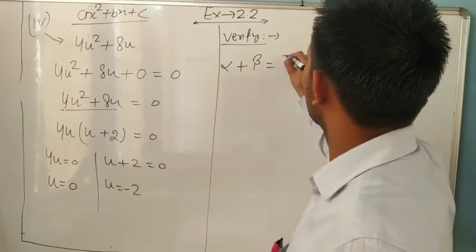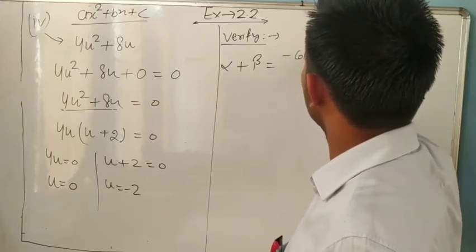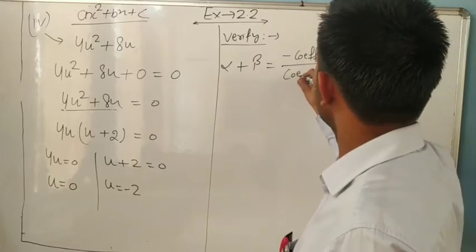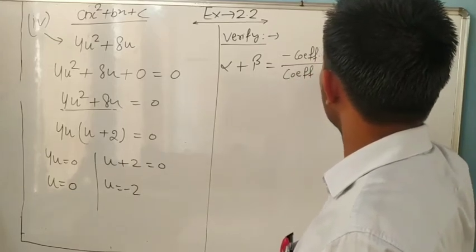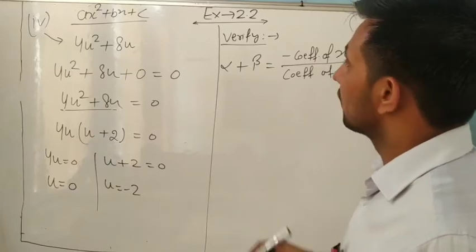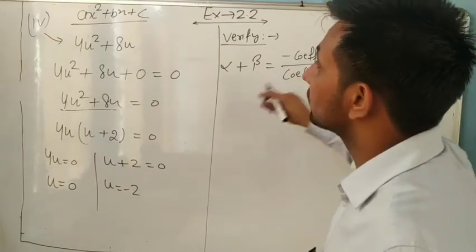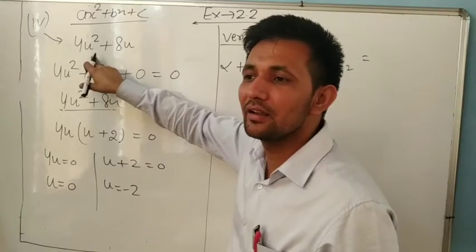Otherwise you can write minus coefficient of x divided by coefficient of x square. Here, in place of x, what is there? u.